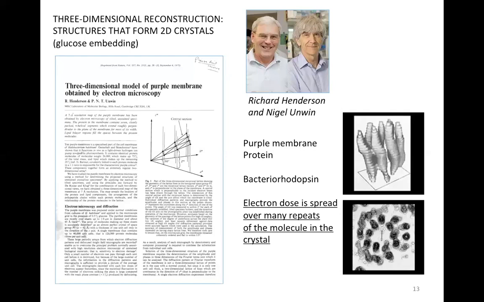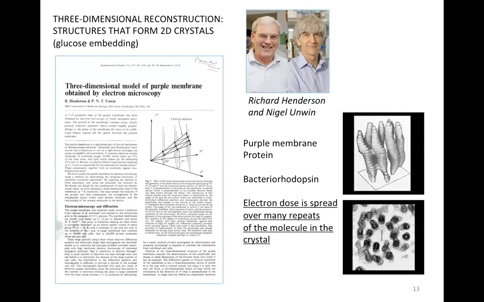They also used, instead of the negative staining technique, glucose embedding, and that was a big step forward. And they were also the first ones to use very low dose, so they were sure that the molecule was not being damaged.